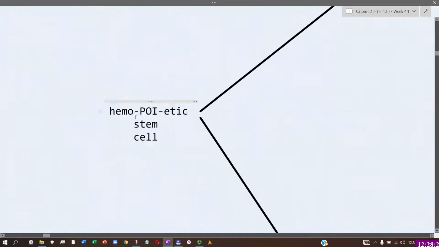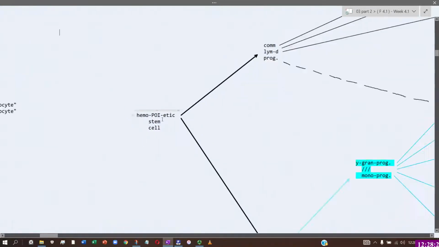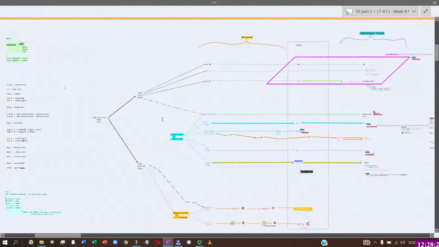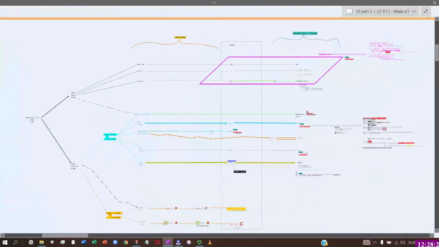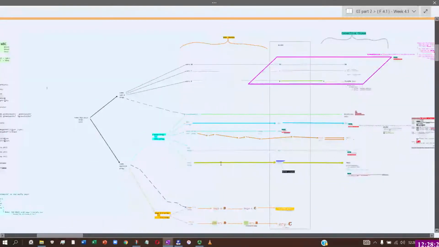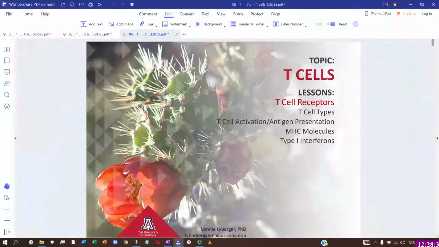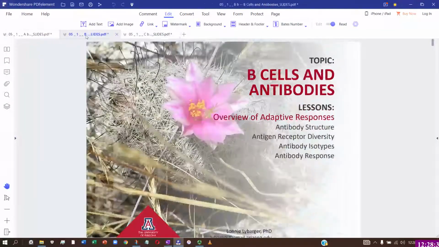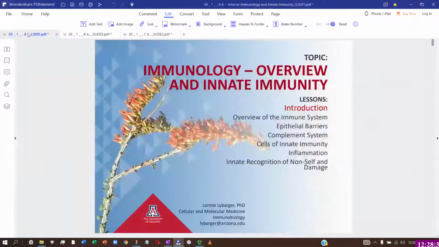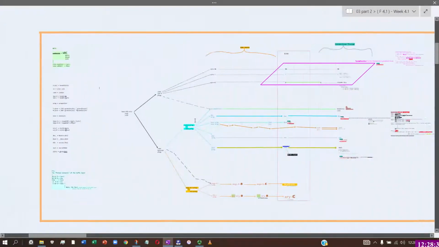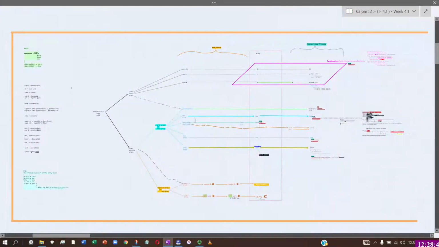So we start with a hemopoietic stem cell, and then differentiation happens, and you get this variety of different blood cells. So in order to address all these topics, I saw it fit to go back to these notes that date back to histology, and work off of the same diagram that we used previously.